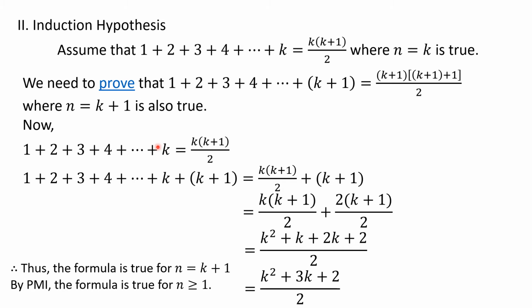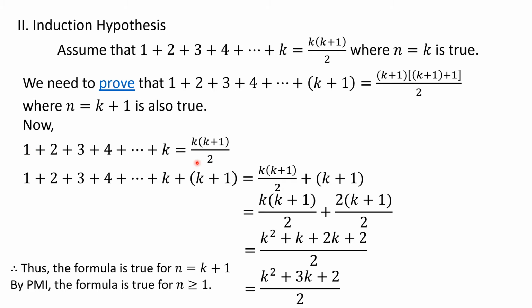Now, let's simplify. In condition number 2 of the principle of mathematical induction, if the statement is true for some natural number k, it is also true for the next natural number k plus 1. Which means what we assumed earlier in the first statement is already true, by the principle of mathematical induction.